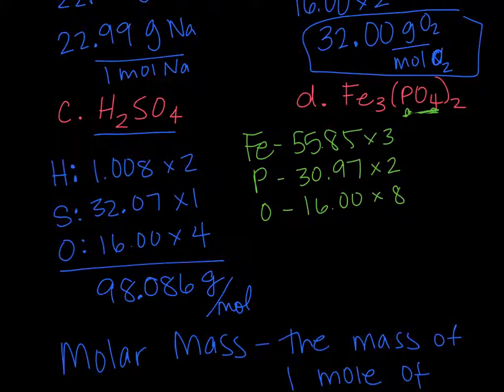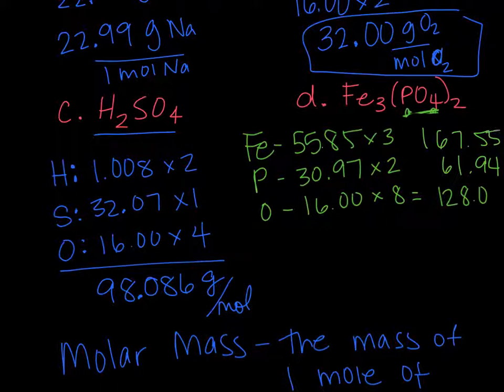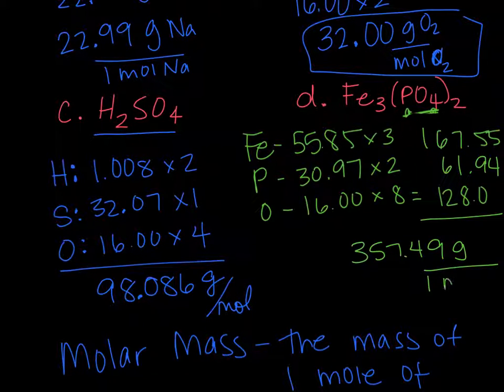Okay, so 30.97 times 2, that is 61.94, and this one is 167.55, and so if you add all those together you get 357.49, and that's how many grams there are in 1 mole of barium, or I'm sorry, iron 2-phosphate. I can't write over there.